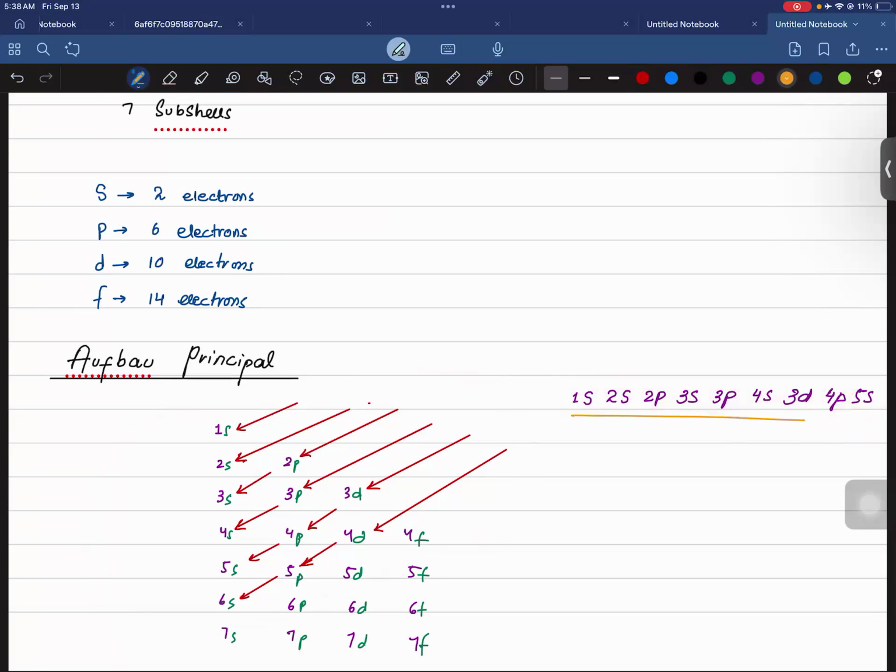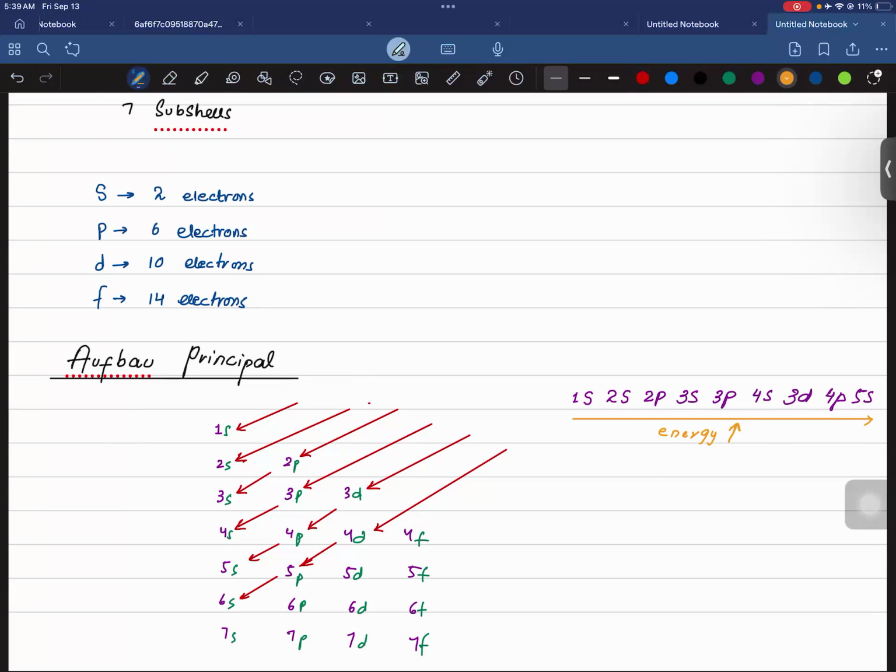And if I'm going from left to right, energy increases. So to which should I give electrons first? To those orbitals which have the lowest energy. That's why I would start from 1s, then 2s, 2p, 3s, 3p, 4s, 3d, 4p, then 5s. That's enough.